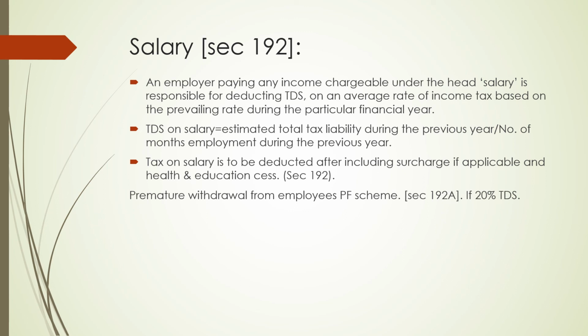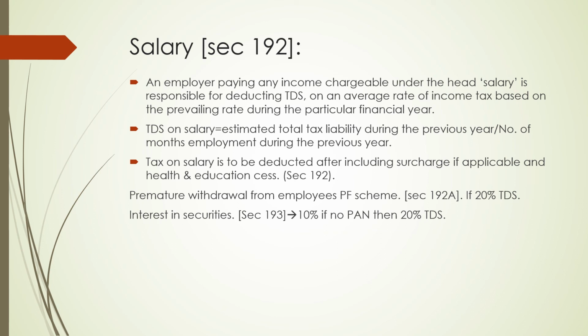Then premature withdrawal from employees' PF scheme: in this, 20% TDS is deducted. Then interest on securities, this is under section 193. 10% TDS is to be deducted on interest on securities. If there is no PAN quoted, then 20% TDS is deducted.